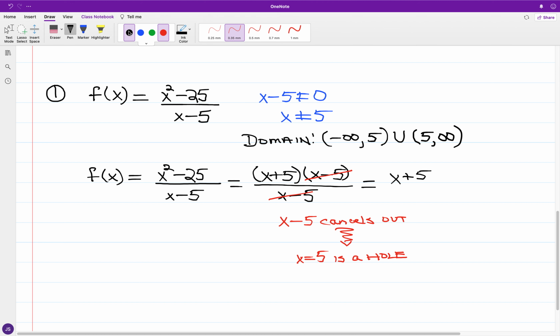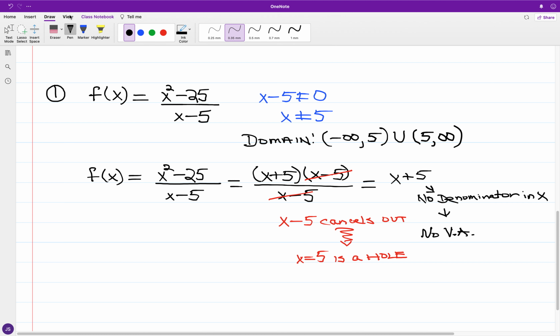And since x minus 5 cancels, if you notice in the end result, there's no denominator, so there'll be no vertical asymptote. So there's no denominator in the variable x. Okay, so there is no vertical asymptote.